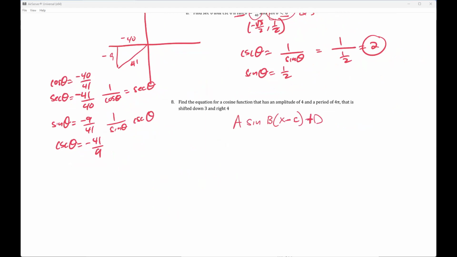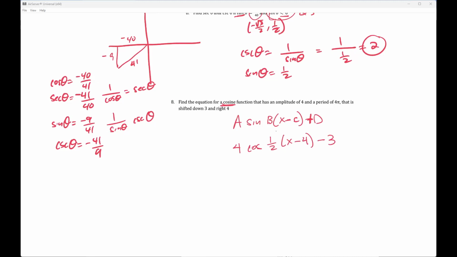So the A is the amplitude, the B tells us the period. It's not the period, but it affects the period. The C is the shift to the right, the D is shift up or down. So the final answer is 4 cosine, because we're looking for the cosine function, 1/2 x minus 4, minus 3.